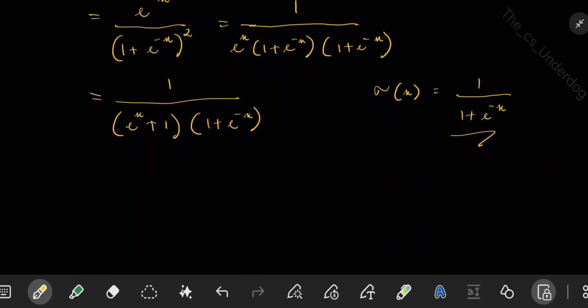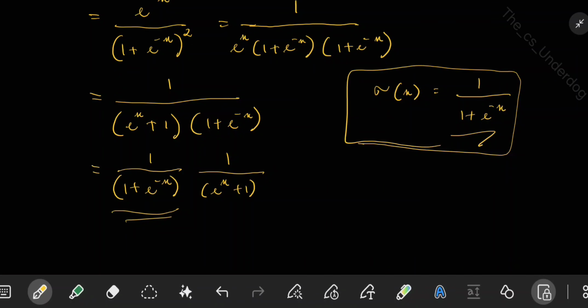So if I single out this part, this will be 1 by 1 plus e raised to minus x. I am taking this part aside. Other part will be 1 by e power x plus 1. So I know this part is sigmoid of x and the other part has to be something else. That is what I have to find out.